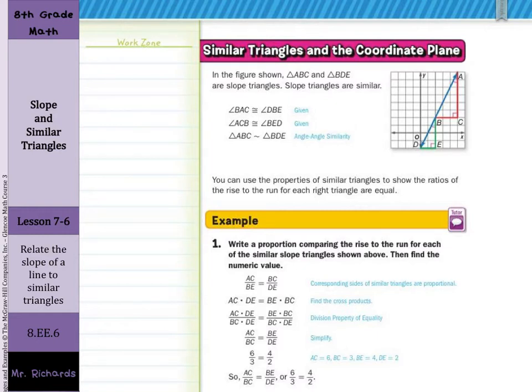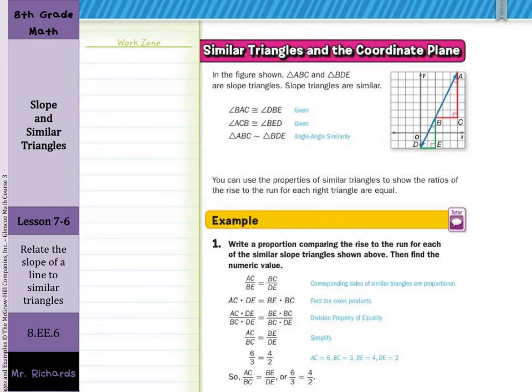In the figure shown, triangle ABC and triangle BDE are slope triangles. Slope triangles are similar. So we have angle BAC is congruent to angle DBE.